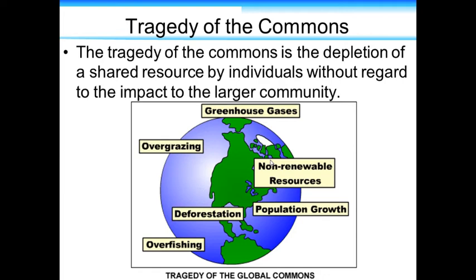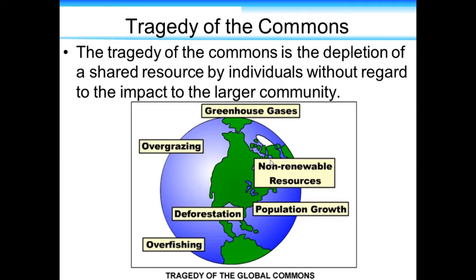Now this relates somewhat to an expression called the tragedy of the commons. It's when there is a shared resource that no one is actually responsible for.